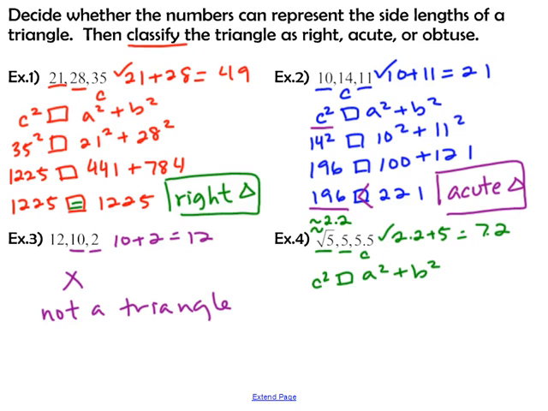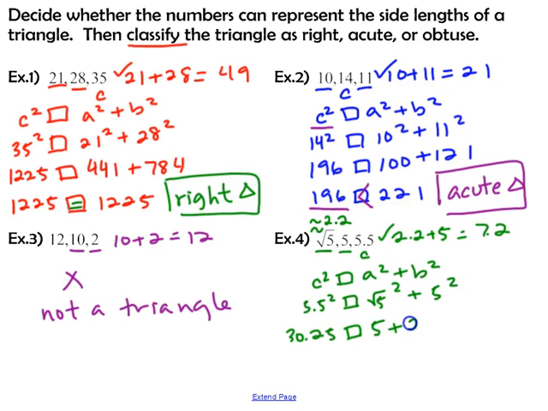Now we can go ahead and substitute in our values. Our C is going to be 5.5 squared. Our A, we can make the square root of 5 squared. And then our B is 5 squared. 5.5 squared is 30.25. The square root of 5 squared, remember those two cancel each other out, so that's just 5.